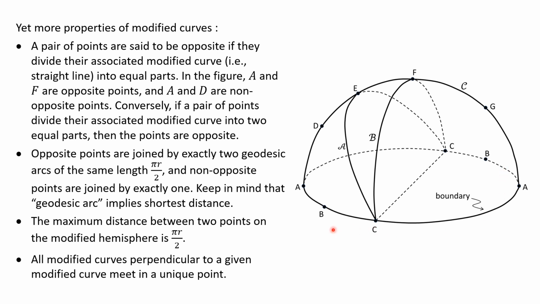So all of those curves perpendicular to the boundary would go through point F. So that's one example. That's probably the easier one to see.